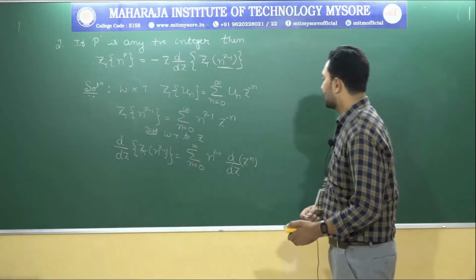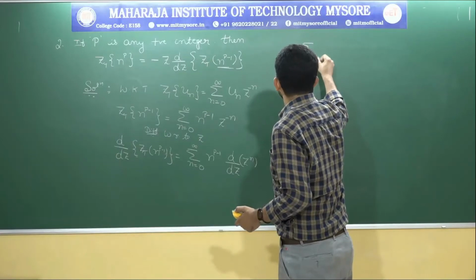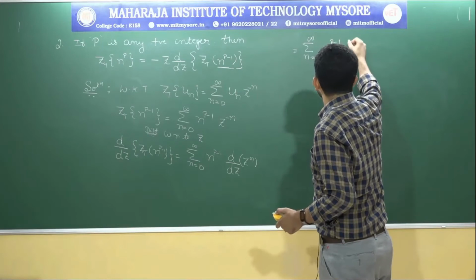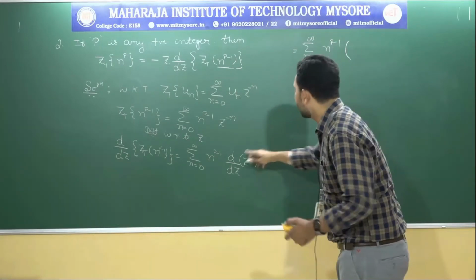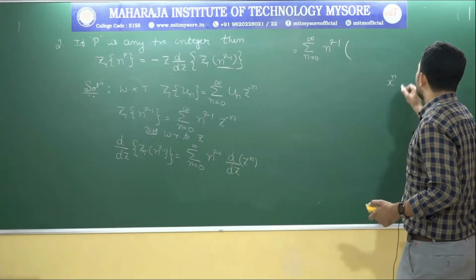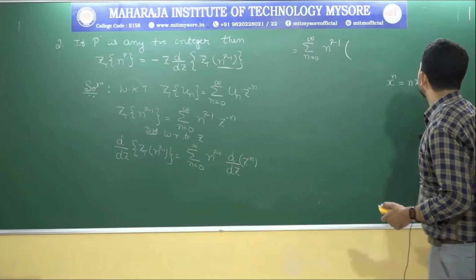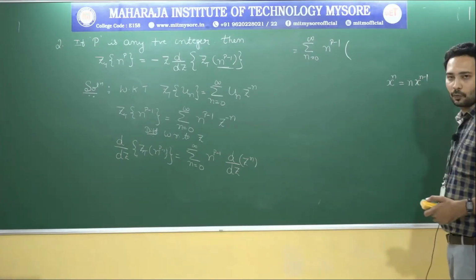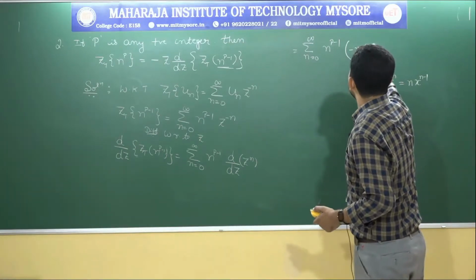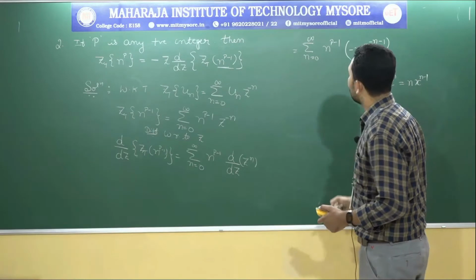So we'll get summation n equals 0 to infinity n power p minus 1 into the differentiation of this. It is in the form of x power n. Differentiation of x power n is n into x power n minus 1. So this becomes minus n into z power minus n minus 1.